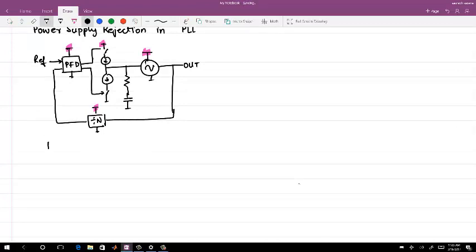We started looking at power supply noise rejection, which I defined as PSNR, the short form for that, in dB.